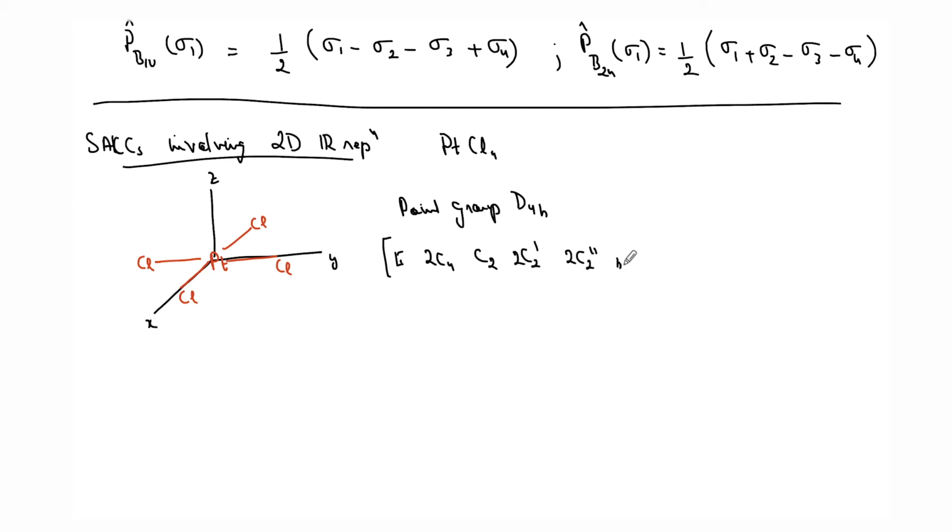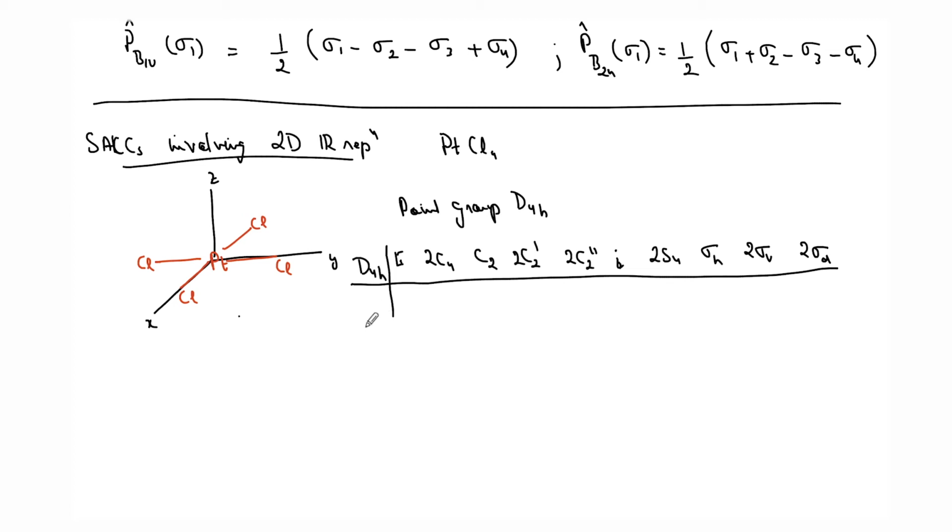We have i, 2S4, then we have sigma h, and we have 2 sigma v's, then we have 2 sigma d's. Okay, so now let us quickly write down the reducible representation using the 4 sigmas of the chloride atoms as the basis. Okay, so this is D4h and this is my gamma sigma.